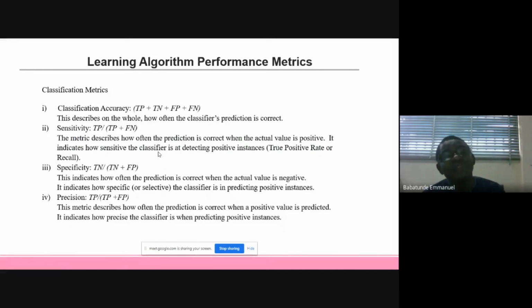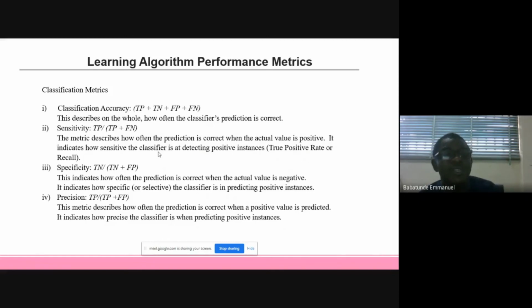Classification accuracy is the sum of true positive and true negative, divided by the sum of true positive, true negative, false positive, and false negative. Sensitivity is true positive divided by the sum of true positive plus false negative. Specificity is true negative divided by the sum of true negative plus false positive.